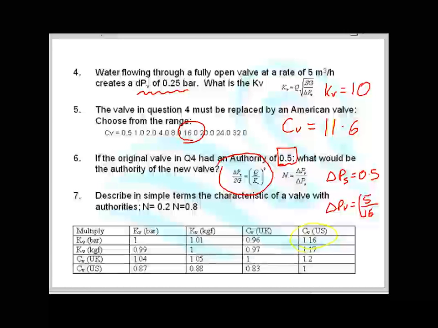Now the kV of our new valve is 16, squared. So delta PV is 5 over 16 squared.